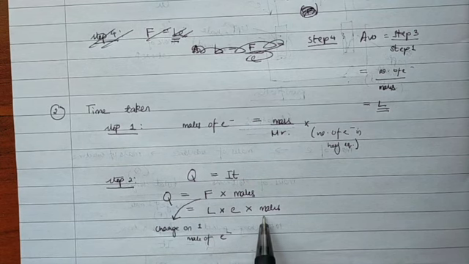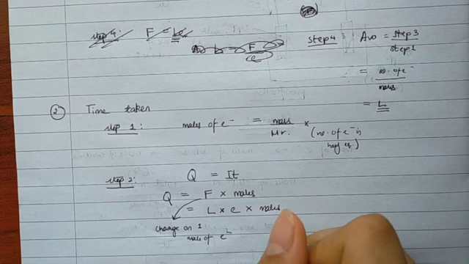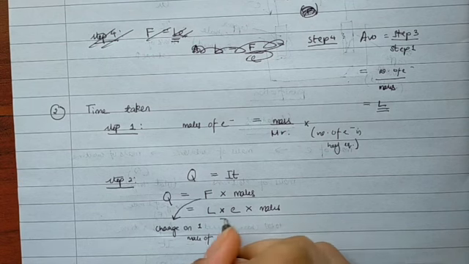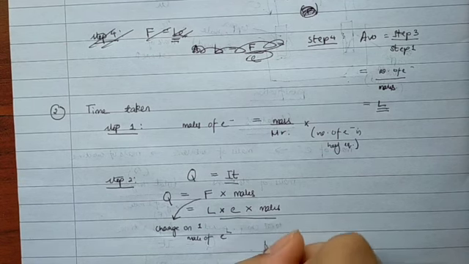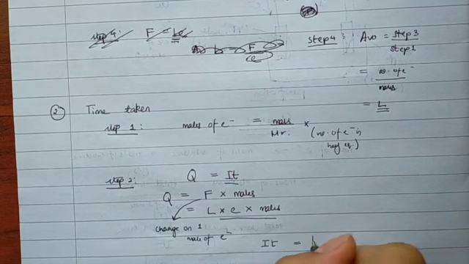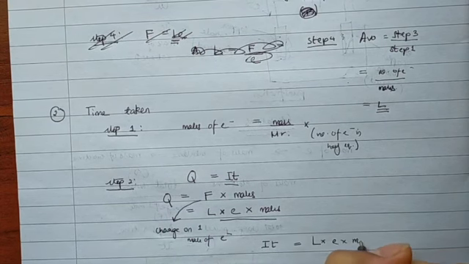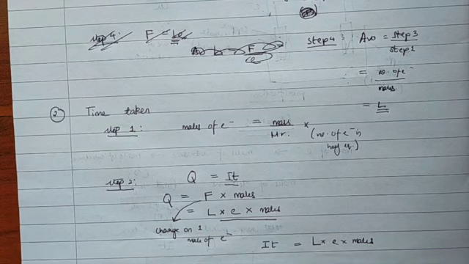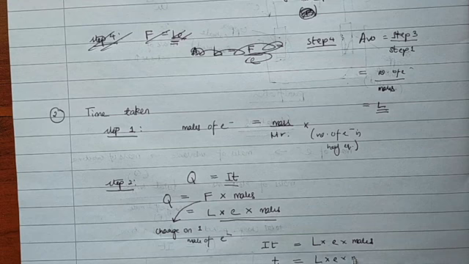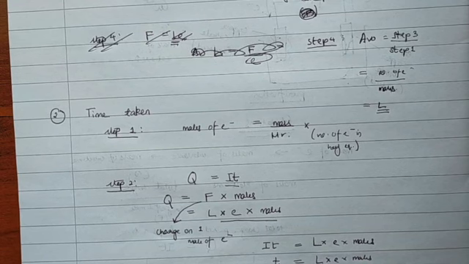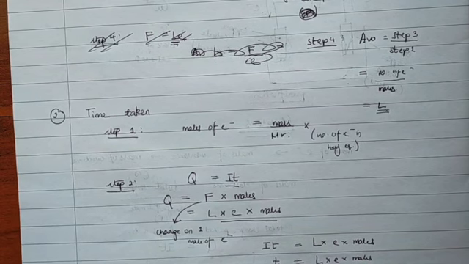So we can write this as this, and re-equating this with this gives us the equation IT equals L times E times moles. And then we can rearrange for time, so L times E times moles divided by the current gives us the time taken.